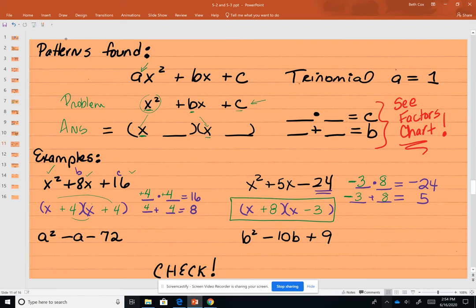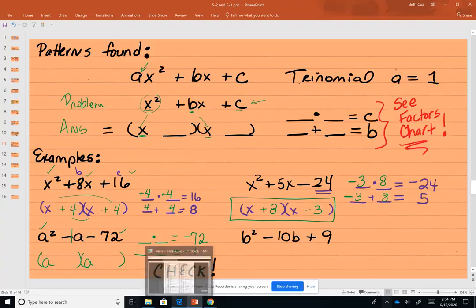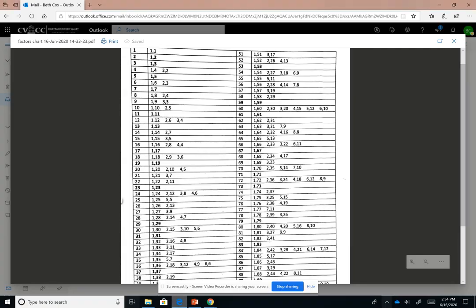Let's look at this next one. We're going to do the a and the a, because that's the a squared. And now the 72, I need two numbers. They're going to multiply to give me a negative 72. And then they're going to add to give me, what number is that? That's a negative 1. And so we're going to go to our chart and look at 72. So let's go to my chart and find 72.